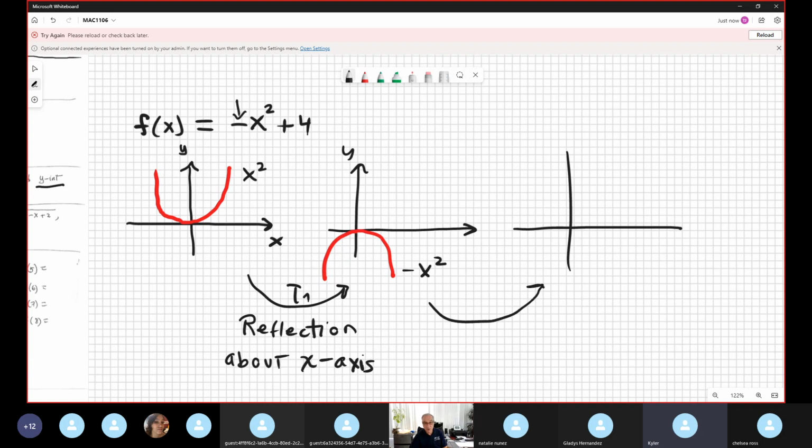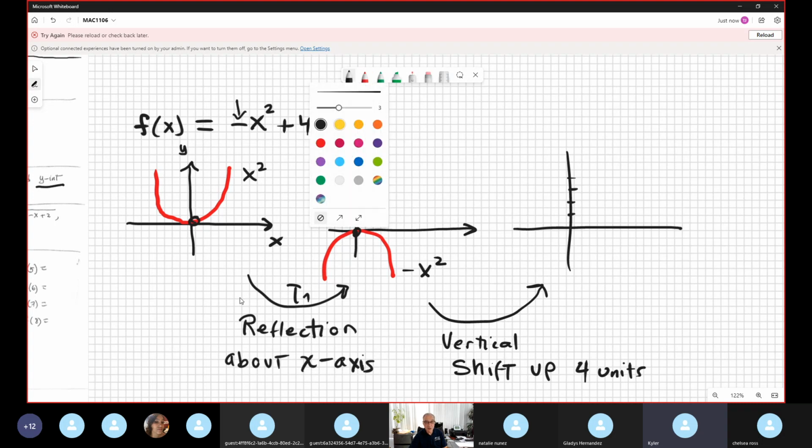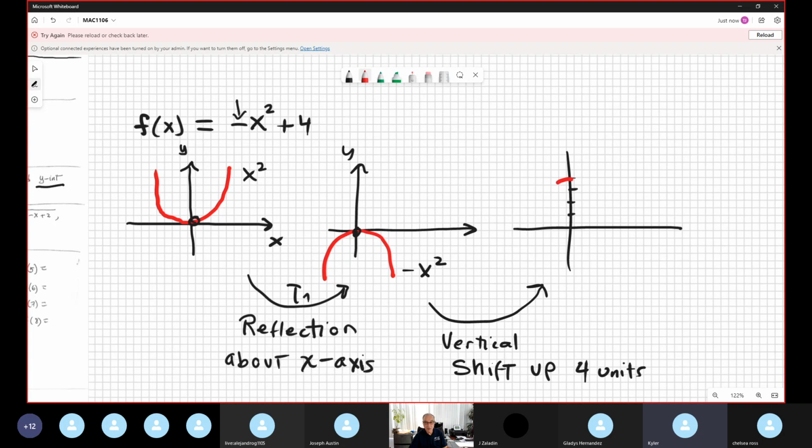We have another transformation, which is a vertical shift over 5 units, no, 4. Therefore, this point that was 0, 0 normally is now 0, 4. Okay, cool. Now, this is my new graph.